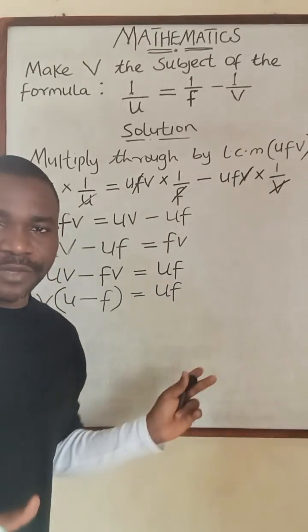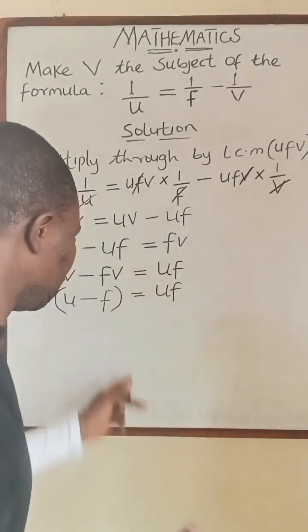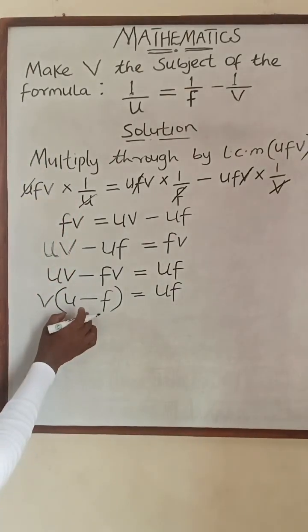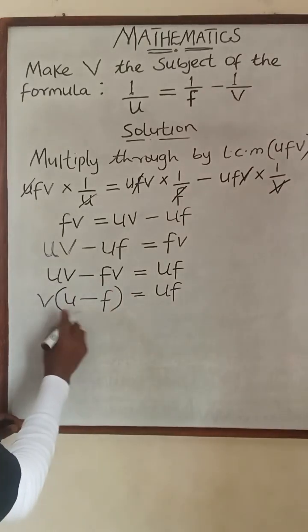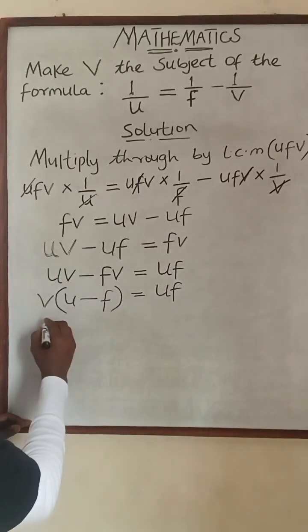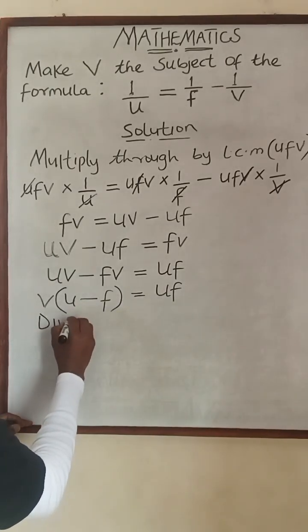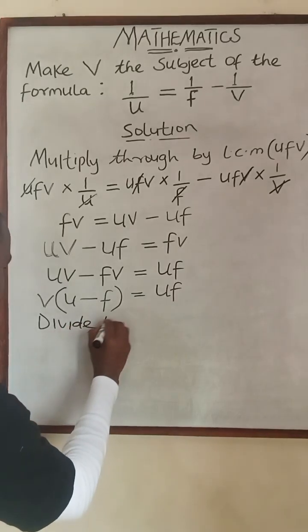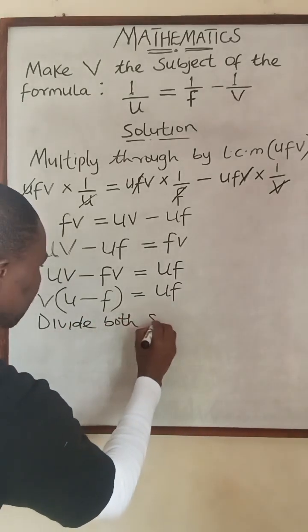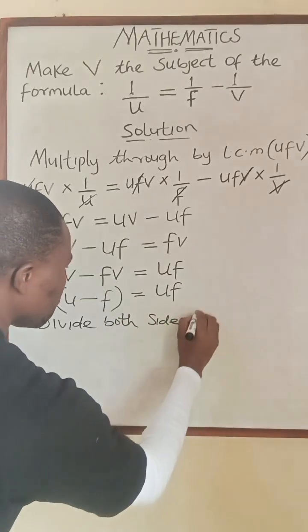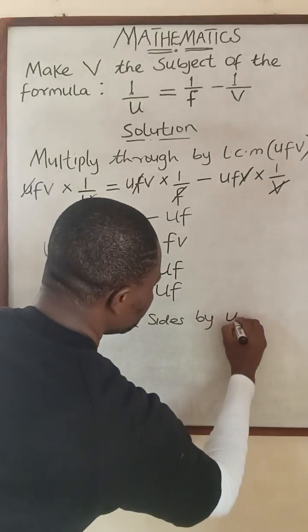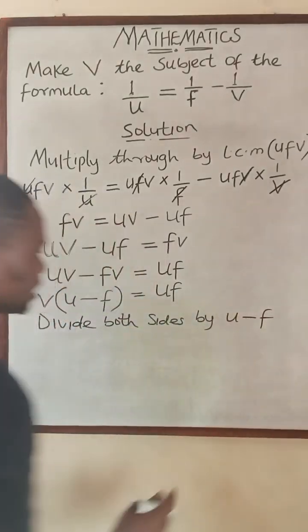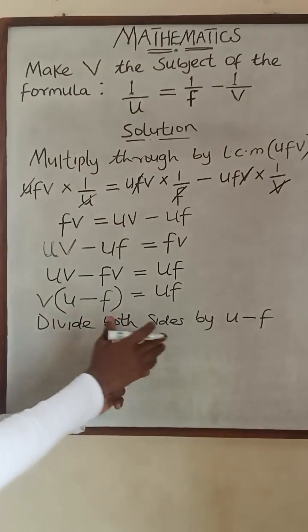Now, what do we do from there? The next thing we do over here is we divide both sides by U minus F. That's exactly what we are going to do over here.